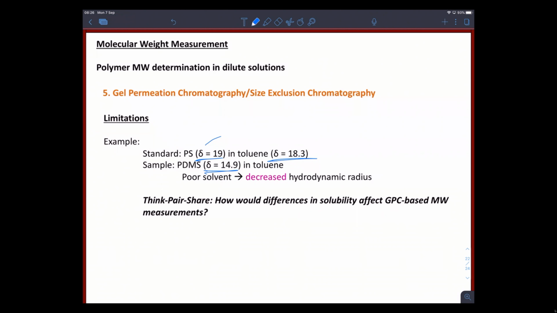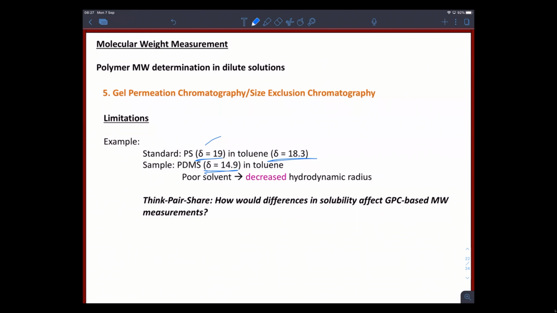Okay, so what happens if we have a polymer in a poor solvent? What happens to the polymer? Yeah, it coils up. So you get tighter coils. In tighter coils, what interactions dominate?